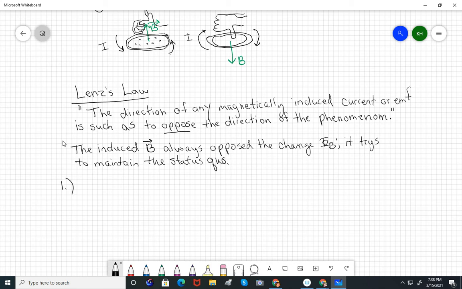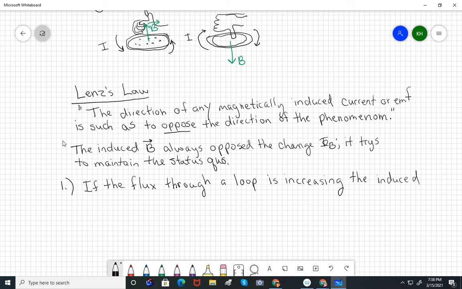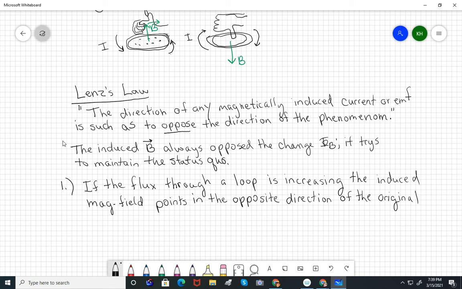So case number one, if the flux through a loop is increasing, the induced magnetic field points in the opposite direction of the original magnetic field.